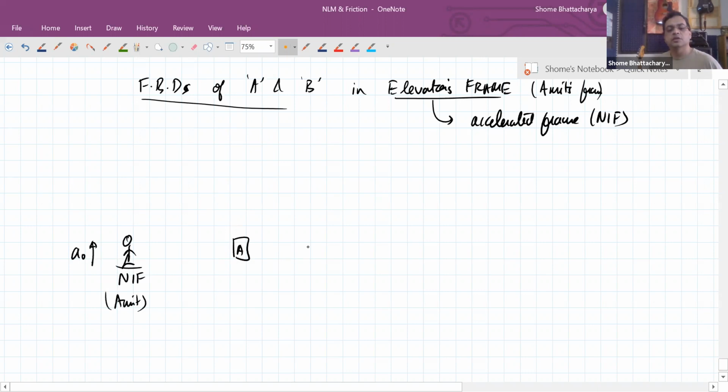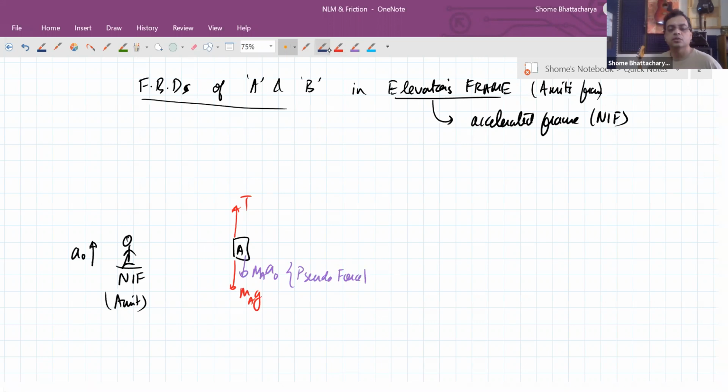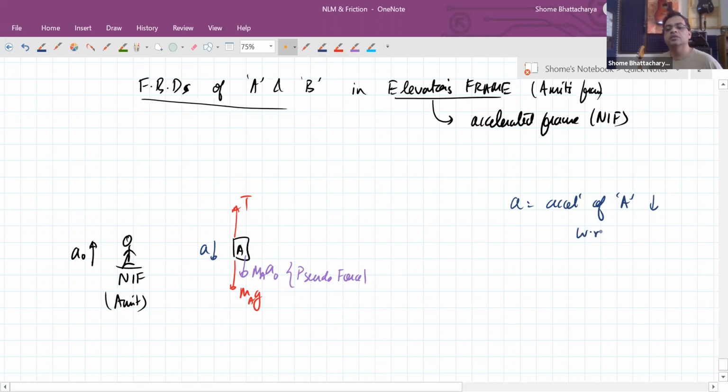The block A will be experiencing forces, tension, and its weight. And it will also be experiencing a pseudo force. And we can see that A was the heavier block, so A will be coming down. So let's say in this frame, its downward acceleration is small a. So a is the acceleration of block A downwards with respect to Amit's frame.